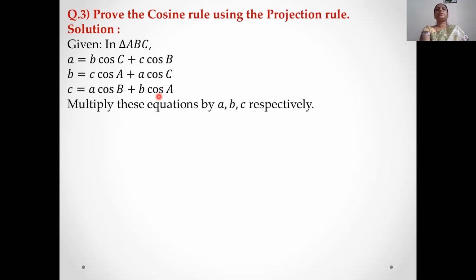Now, multiply all these equations by a, b, c respectively. Multiply first equation by a, second by b, and third by c.